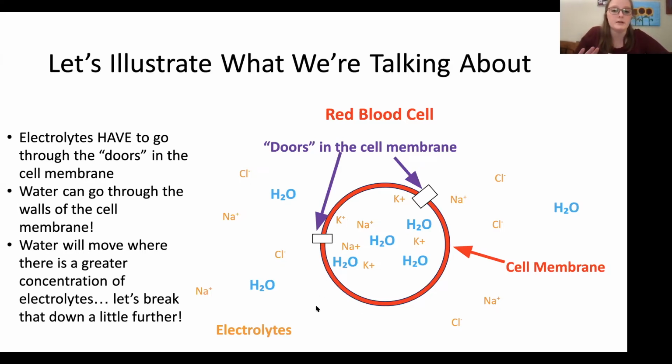So I want to stop there and see if you guys have any questions, because I know it can be kind of overwhelming to process what is allowed to move through, what needs a door, what's a cell membrane, things like that.